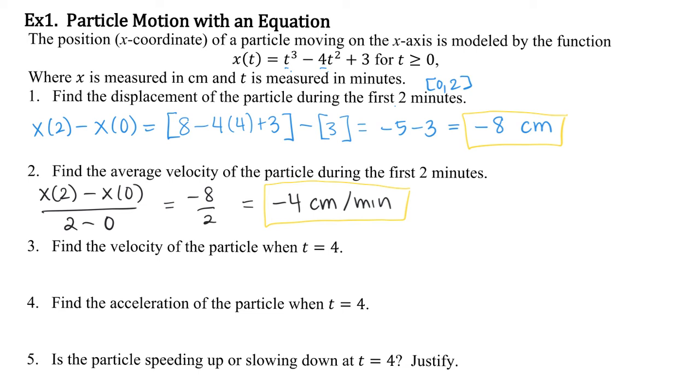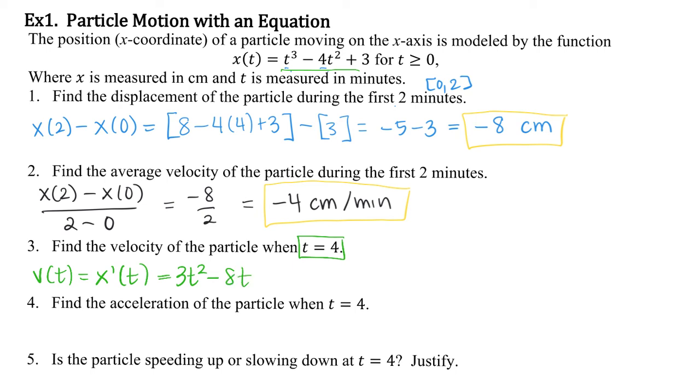Number 3, let's find the velocity when t is 4. This is an instantaneous velocity, and instantaneous velocity makes me think of derivative. Velocity is the derivative of position, so let's find v of t, the derivative of the position function. The derivative of this is 3t squared minus 8t.